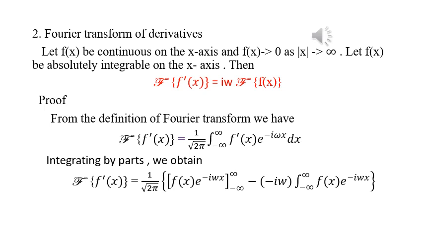In short, the Fourier transform of the derivative of a function is equal to i omega times the Fourier transform of that function.